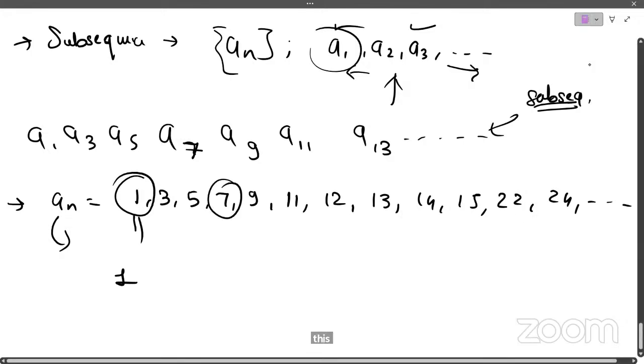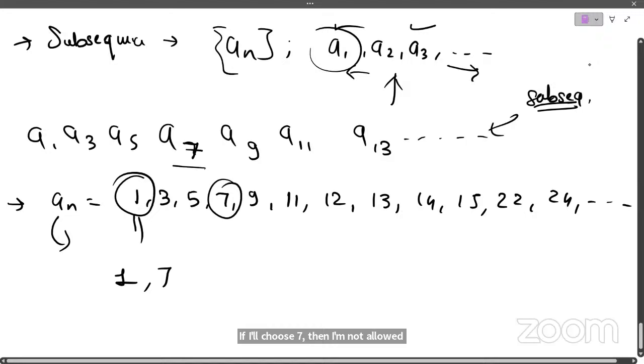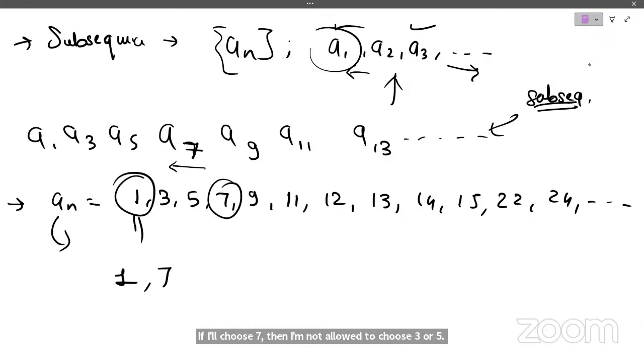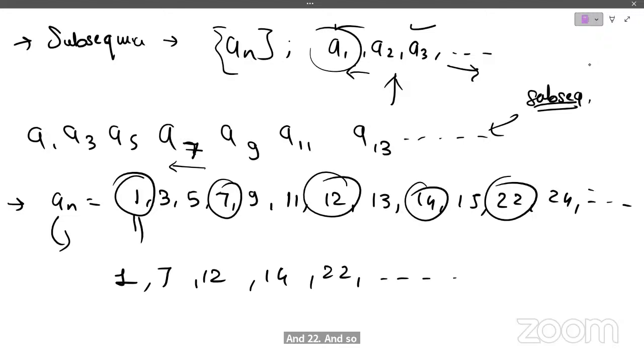Then I'll choose 7. But observe that if I choose 7, then I'm not allowed to choose 3 or 5. That means there is no allowance for choosing numbers which come before the chosen number. Then suppose I take 12, then 14 and 22, and so on in a similar fashion.